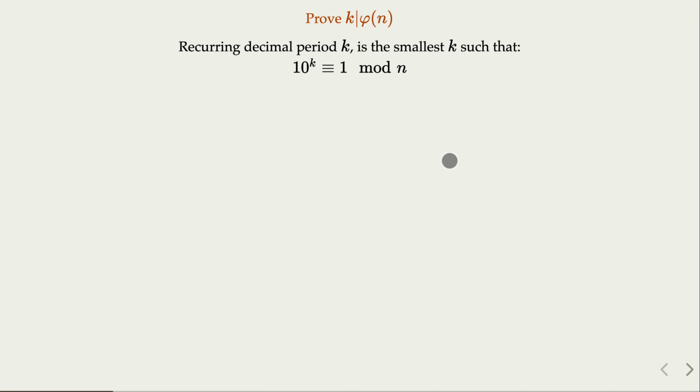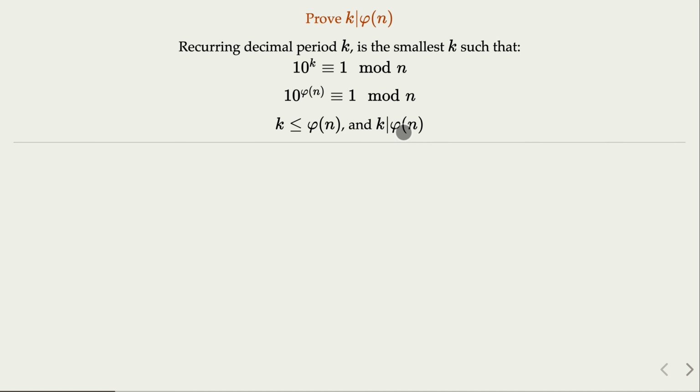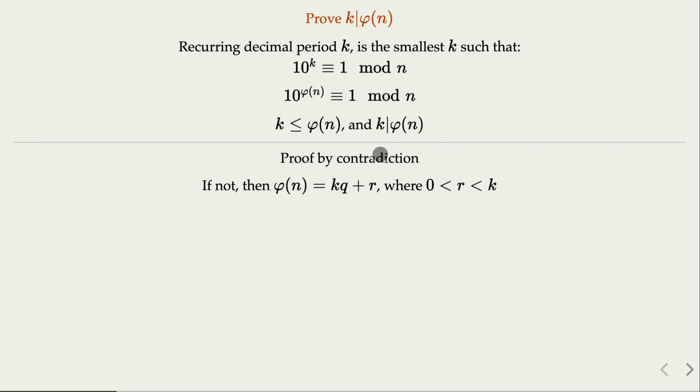That can be proved by what is called proof by contradiction, right? So here we want to show that this k we're looking for not only is at most phi n, but also divides phi n. If we assume it does not divide phi n, then we can do the modulus, and phi n in that case can be expressed as kq, with some quotient, plus r.